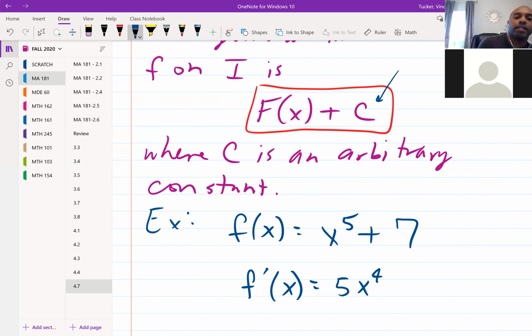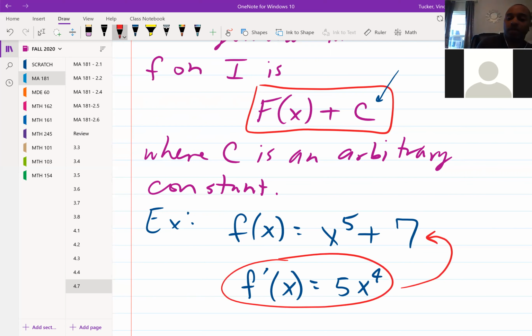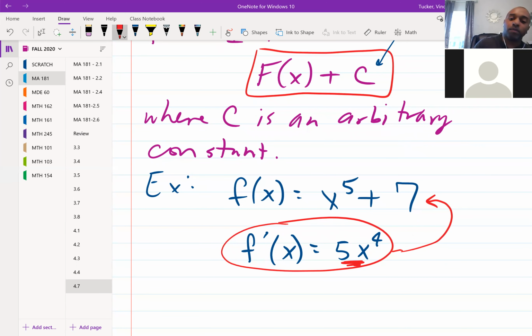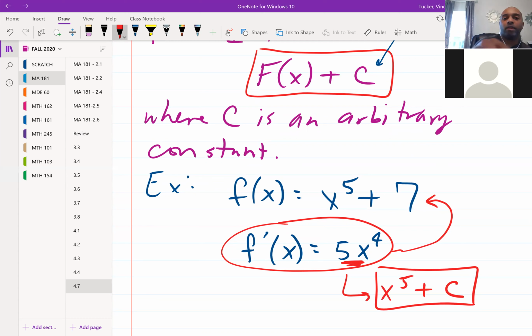Now remember, the antiderivative is taking this back to this. But if I have 5x to the fourth, there's no way for me to know that there was a plus 7 in my original function unless I'm given some initial conditions. So when we do the antiderivative, that will go to x to the fifth plus c, because I don't have a clue about this 7 unless they give me something.